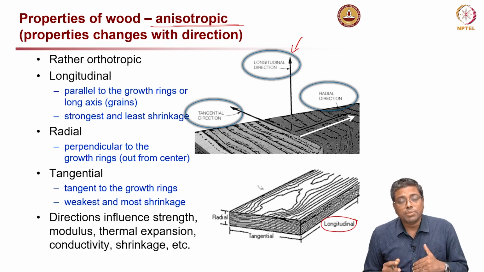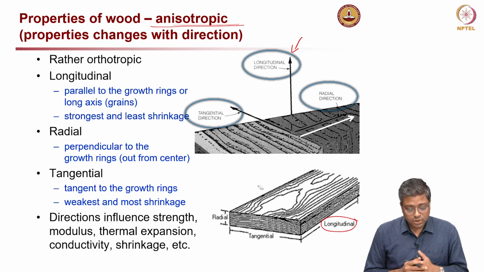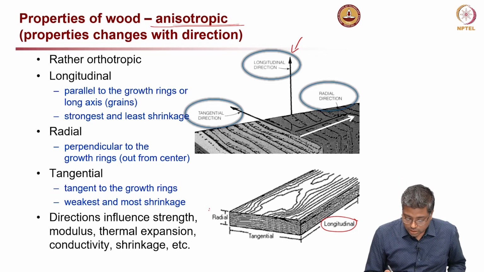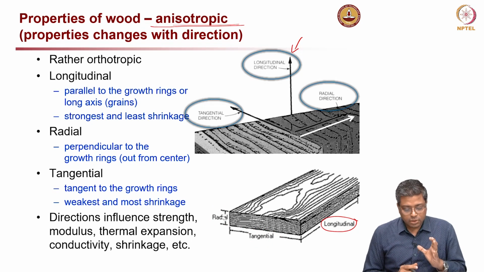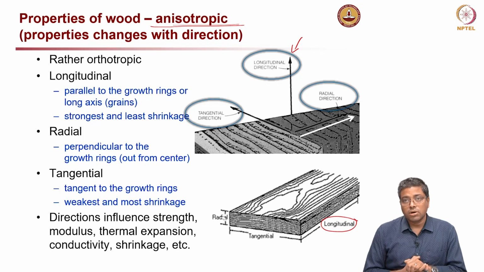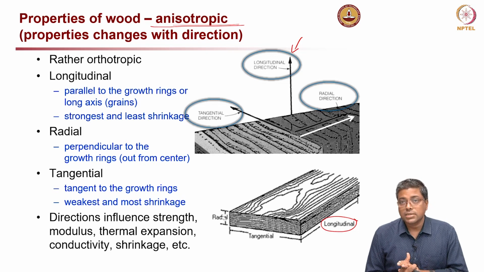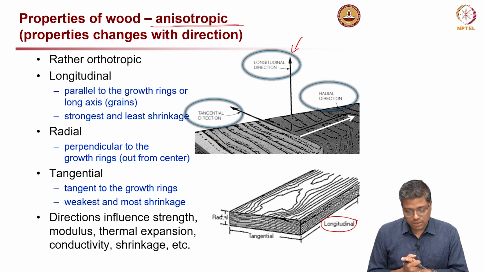Now, if you look at the perpendicular direction, either radial or tangential direction, the strength is weak in that direction, and shrinkage happens mostly in these directions.